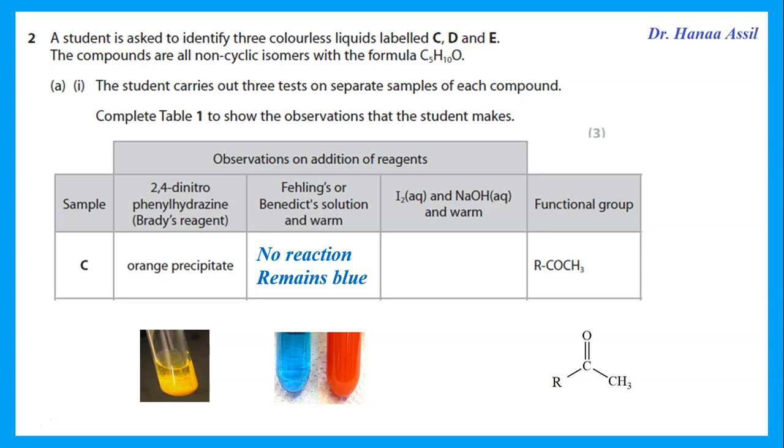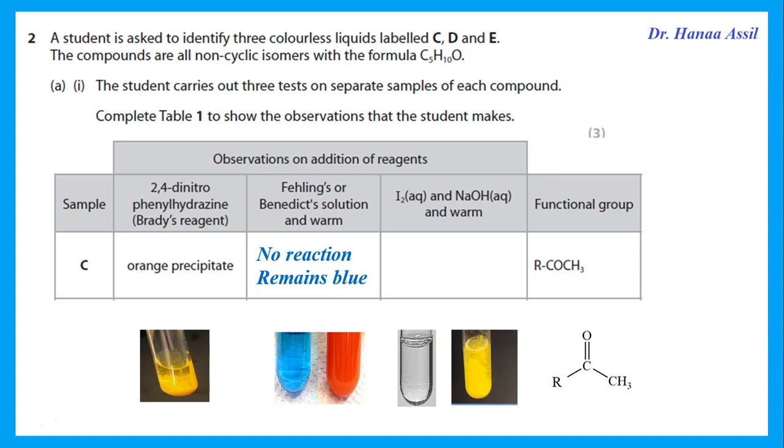The solution remains blue. What about iodine in sodium hydroxide? This is a test for what? This is the test we call iodoform test, and it is a test for having a group of C double bond O CH3, which is that group on the end of my compound C. So I do have C double bond O CH3, a ketone with adjacent methyl group, or actually an alcohol with adjacent methyl group would also give a positive result.